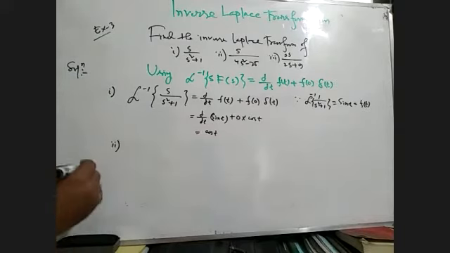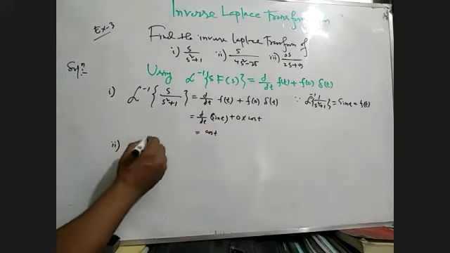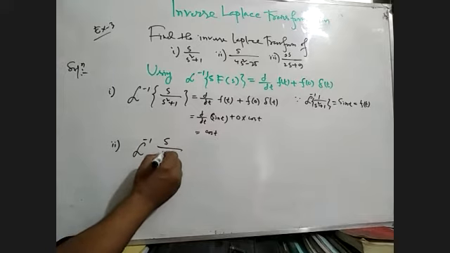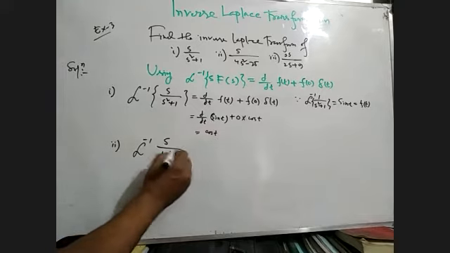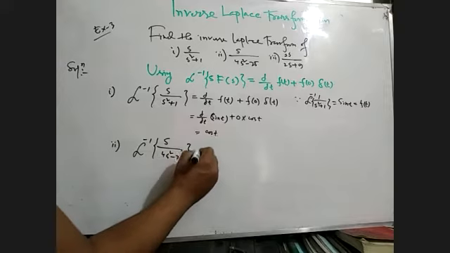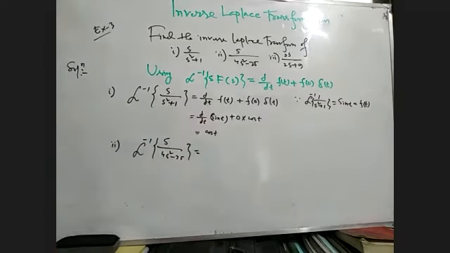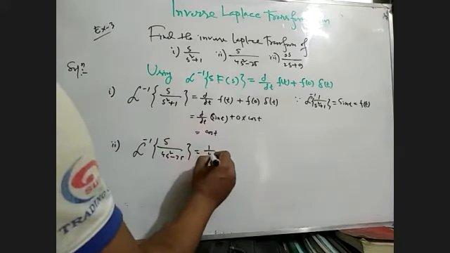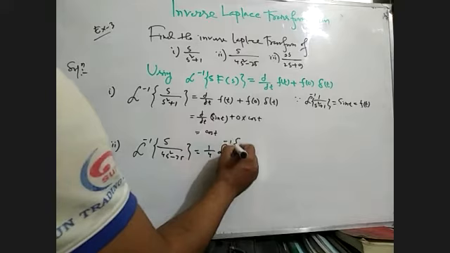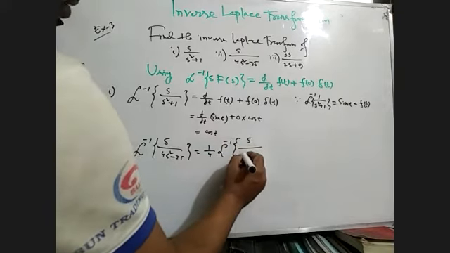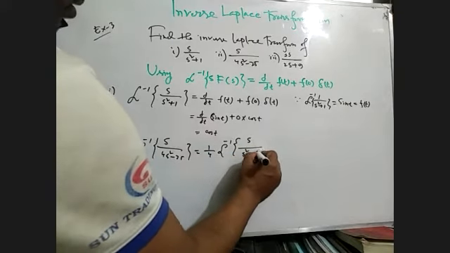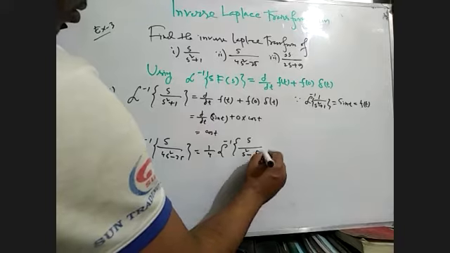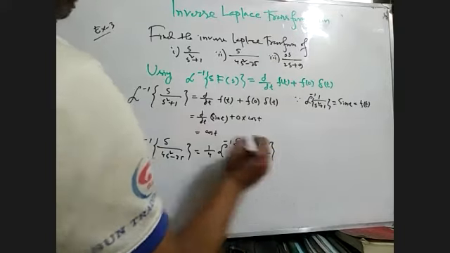Now the second one, inverse Laplace transformation of s divided by 4s square minus 25. How can we find this? Using the shifting property. We can take 4 common: 1 by 4 inverse Laplace transformation of s divided by s square minus 5 by 2 whole square. Can we write this?